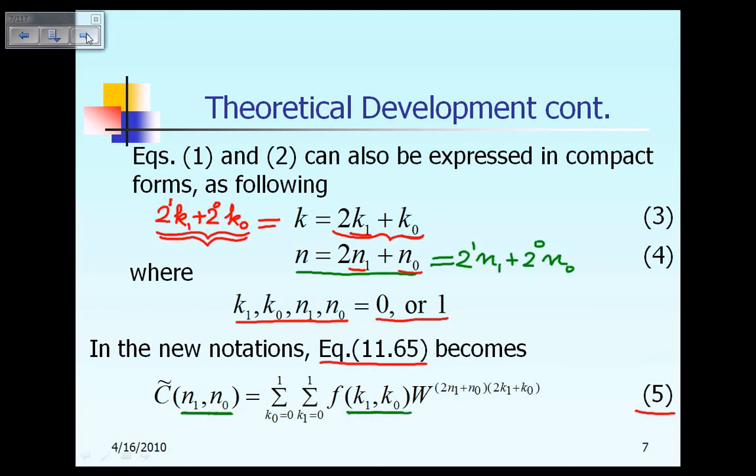Also, if you notice, in the previous equation, equation 11.65, we have n. Now we call it 2n1 plus n0, as you can see from equation 4. Similarly, in equation 11.65 on the previous slide, we used to have this term, small k.